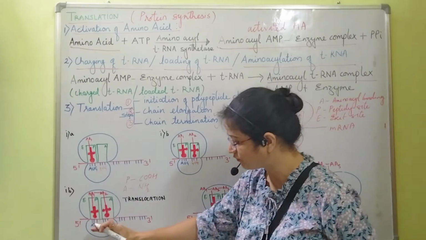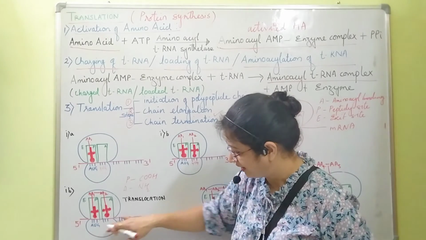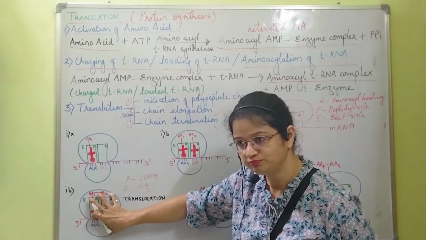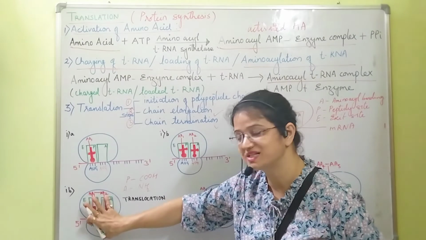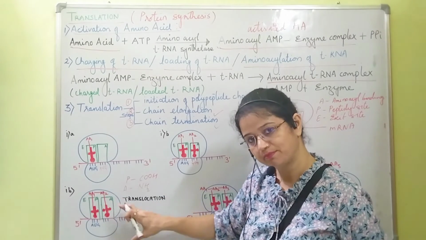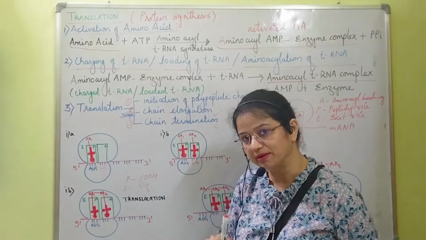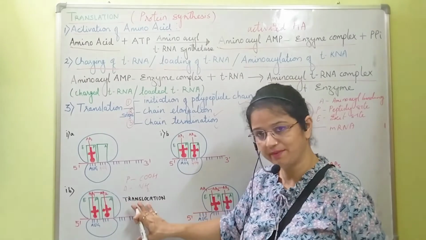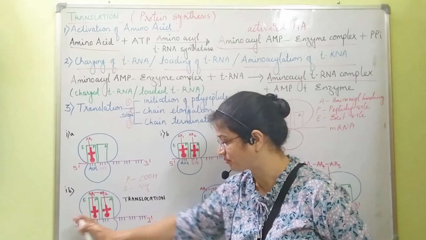Clear? Now what happened? Now it's not the messenger RNA which will move. It is the ribosome which will slide over the messenger RNA. Do remember, it is the ribosome which will slide over the messenger RNA from 5' to 3'.